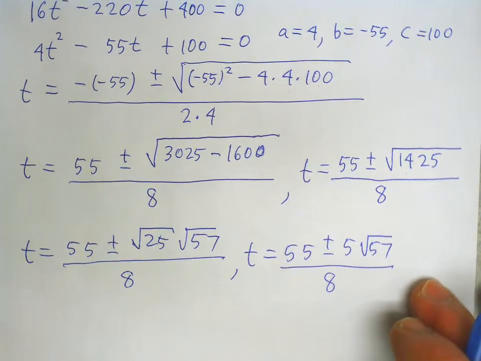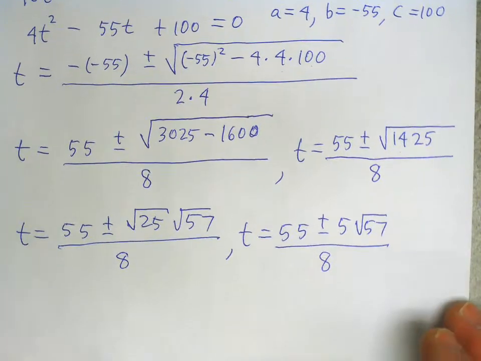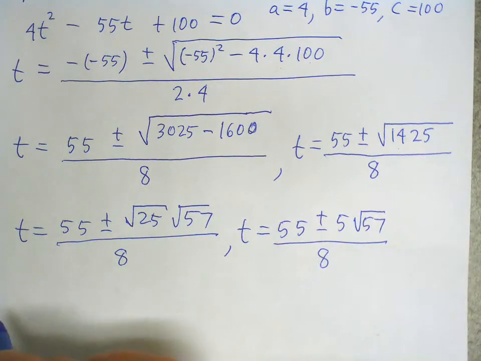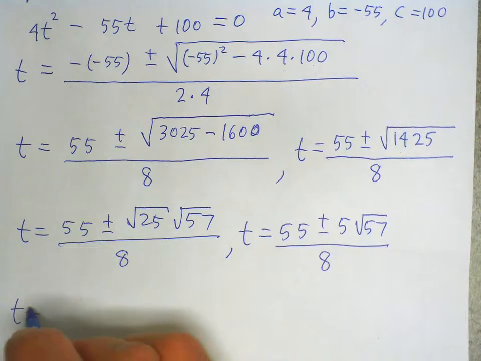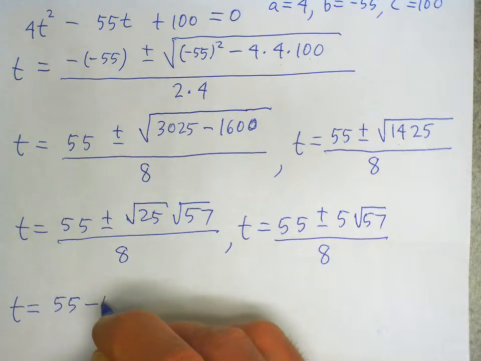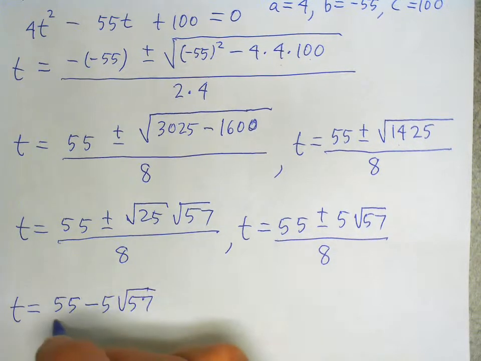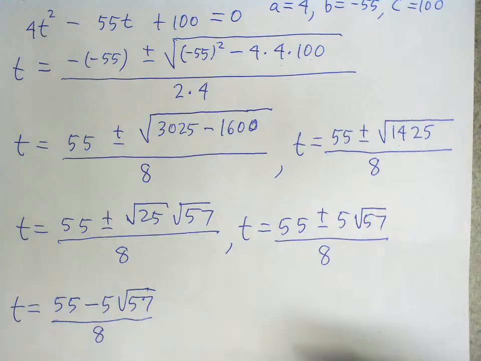Okay, the problem says round your answer to the nearest tenth. So there are 2 answers. So one is 55 minus 5 times the square root of 57, all divided by 8.